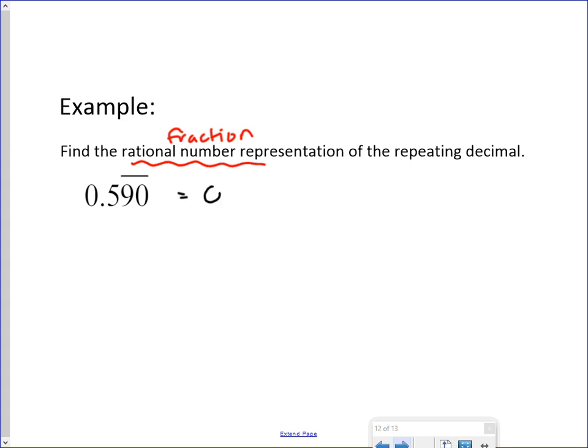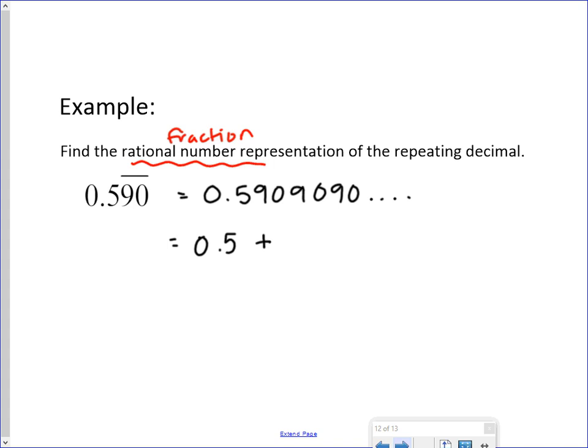Do you agree that this is really like 0.590990, stuff like that? Okay. So if you want to do this without a calculator, you have to break up that decimal. Notice there's one part of that decimal that's kind of different than the rest: 0.5. Agree? Okay. So we're going to break this up and we're going to have 0.5 out front.